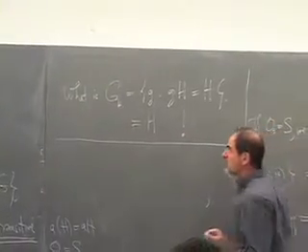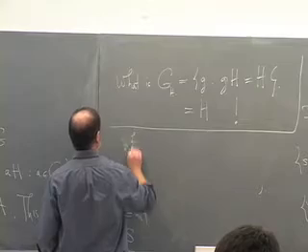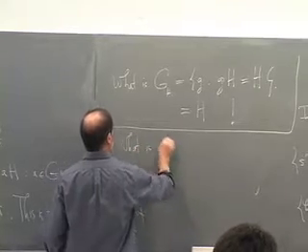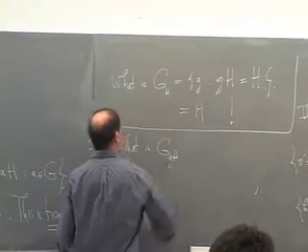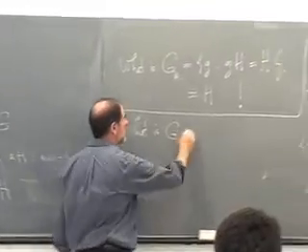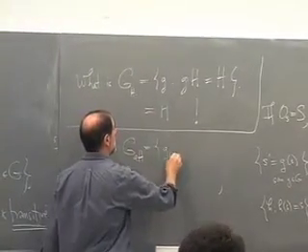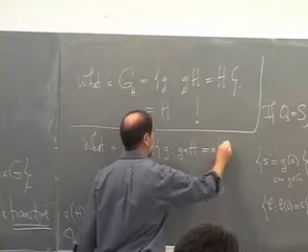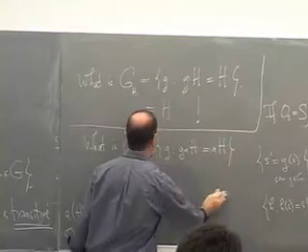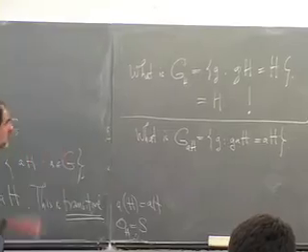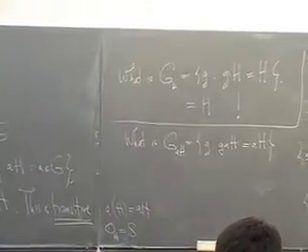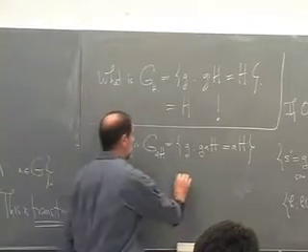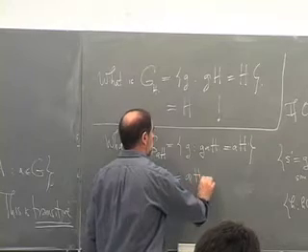What is the stabilizer of another coset? Well, it's the set of G such that GAH is equal to AH. So I claim that this is AHA inverse.